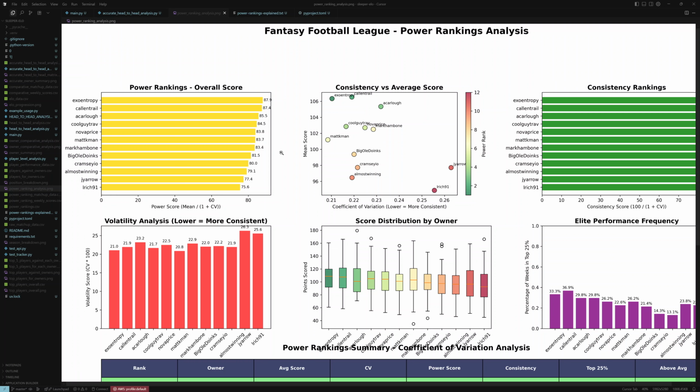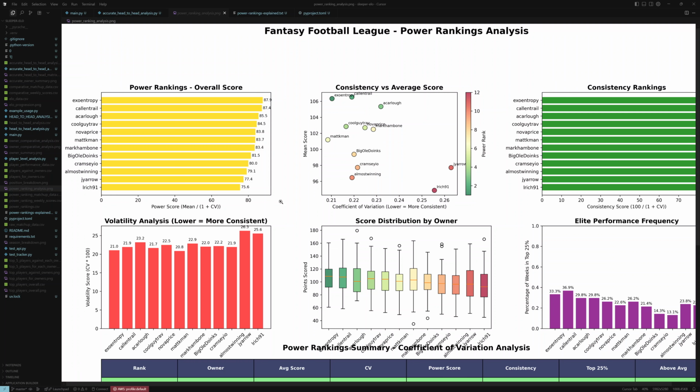And then the other stat we're looking at here is the coefficient of variation. This is the one advanced math formula that I know just from doing enough nerdy fantasy football stuff, and it's actually a very simple formula. It's just the standard deviation of a data set over the average of that data set, and it gives you this factor that we'll look at here.